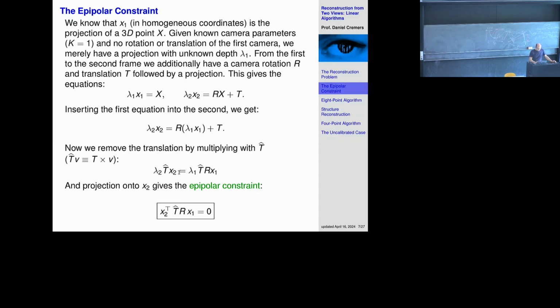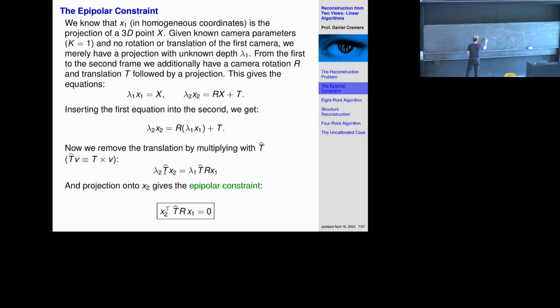So we take this equation here and we multiply it from the left with x2 transpose. So we basically project onto x2. If we do that, then on the left-hand side we get x2 transposed t hat x2. What is that? Well, t hat x2 is just the cross product of t and x2.